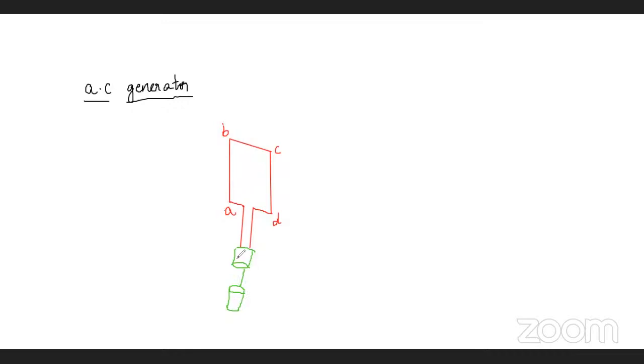These slip rings are connected with carbon brushes. So here you are having carbon brushes. The carbon brushes are connected to an external resistor.